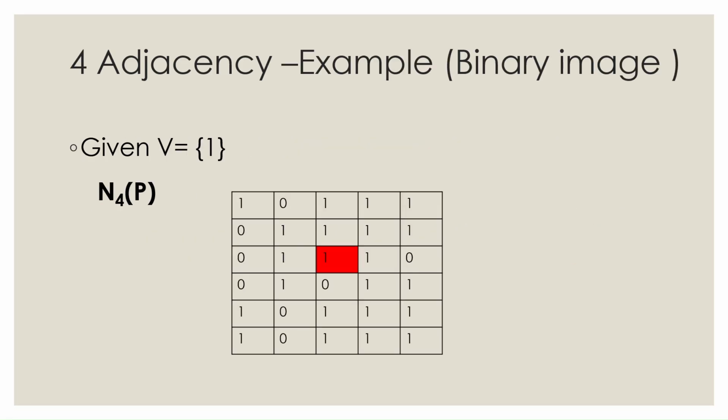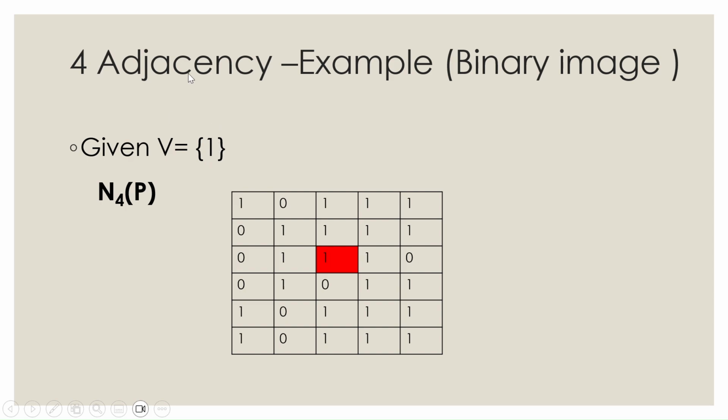So let us consider a binary image. The binary image contains ones and zeros only. So let us take the binary image and we are defining the value of V, which is the set of intensity values where we are going to find out the adjacency. So here the value of this set is 1 only. The intensity value which we are going to see is the 1.